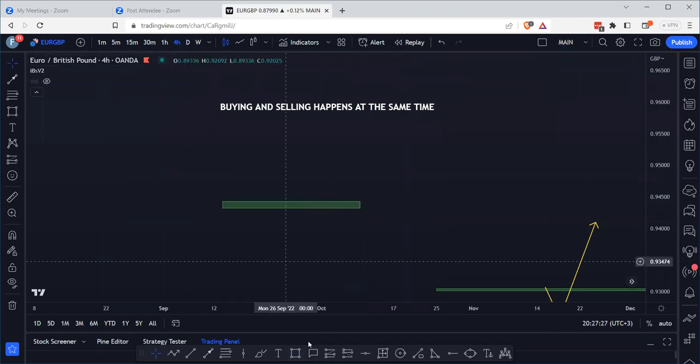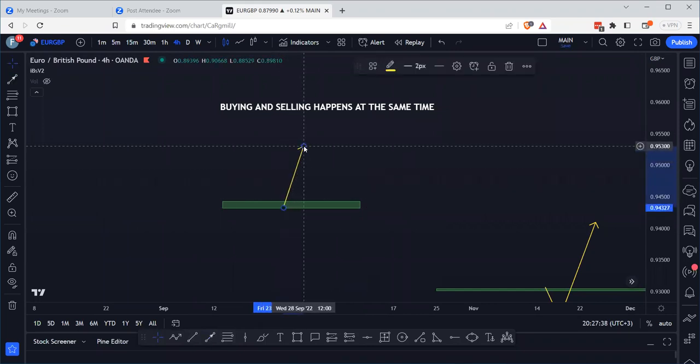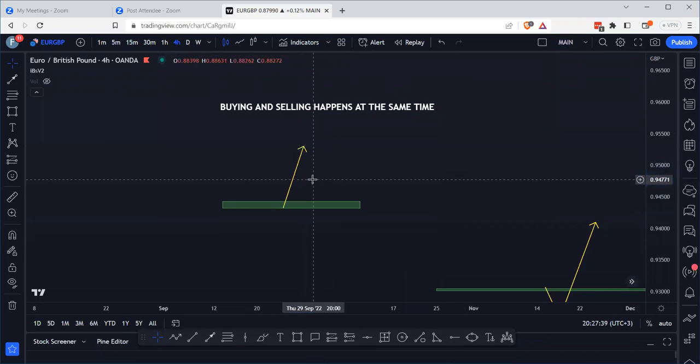For the big banks and financial institutions, you know that they are the ones responsible for market moves, because we as retail traders don't have the volume to really move the market.